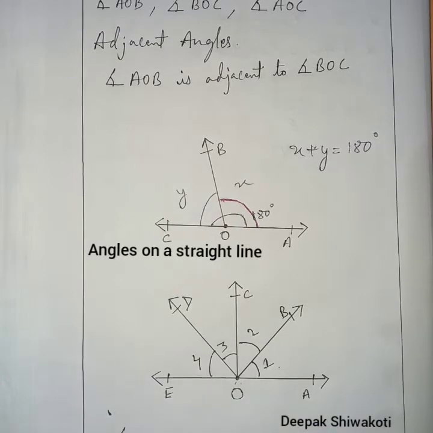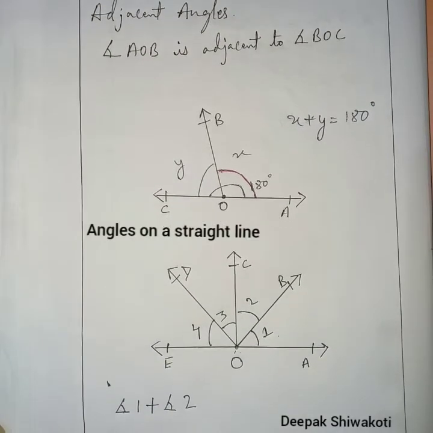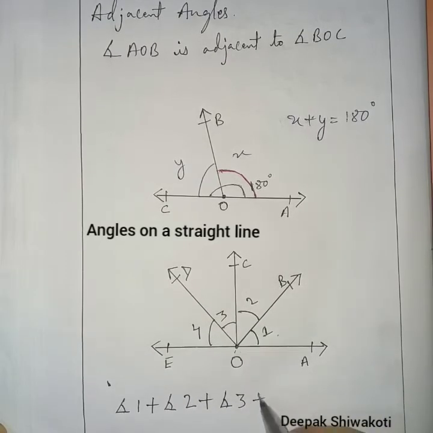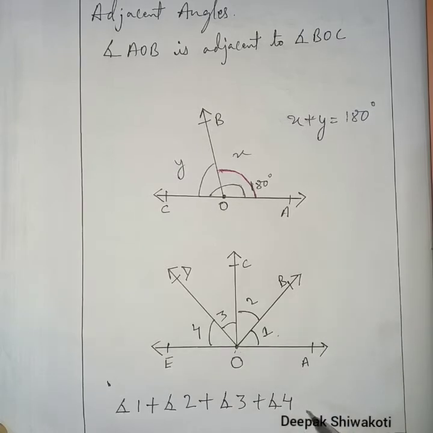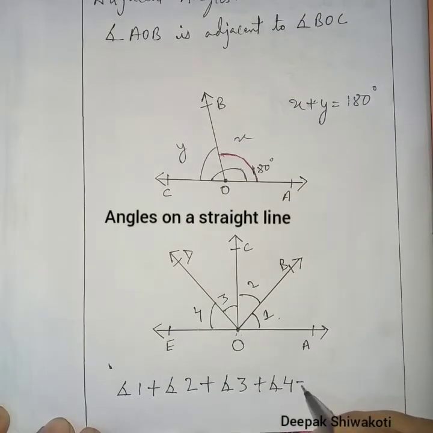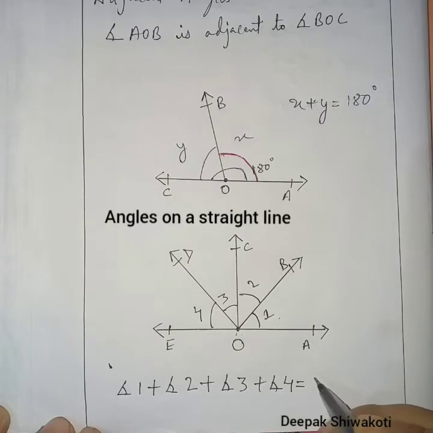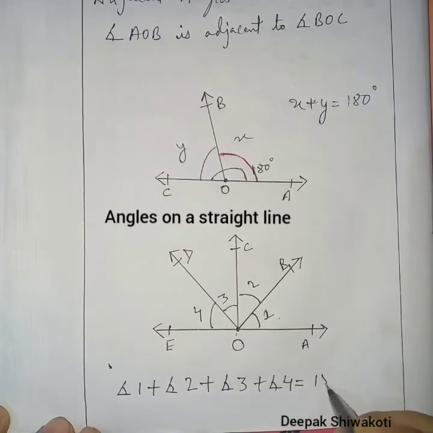That means angle 1 plus angle 2, plus angle 3 plus angle 4 is equal to how much? 180 degrees, isn't it?